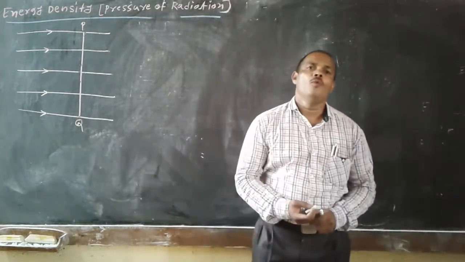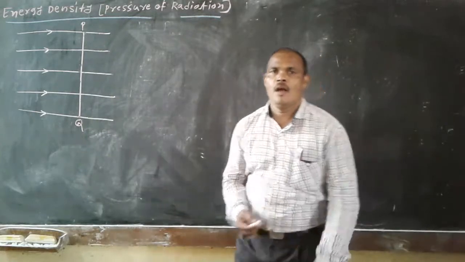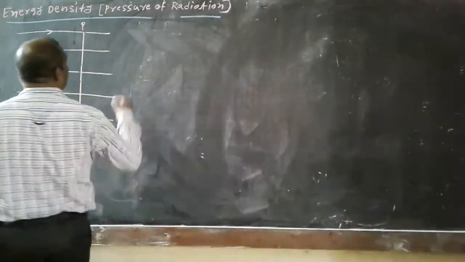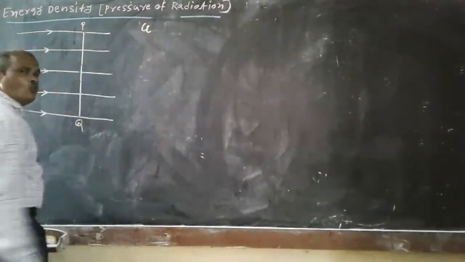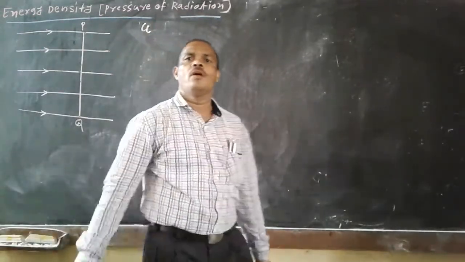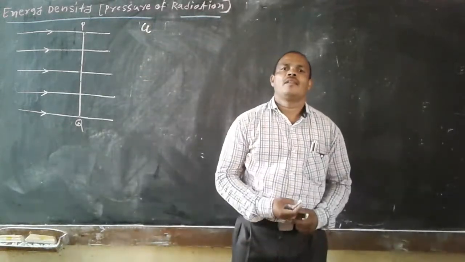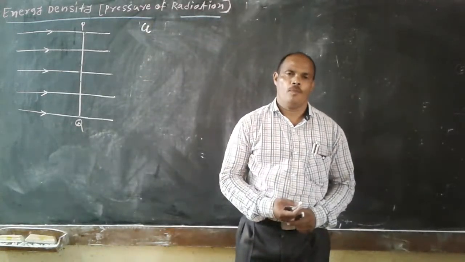Energy per unit volume is called energy density. It is denoted by letter U.